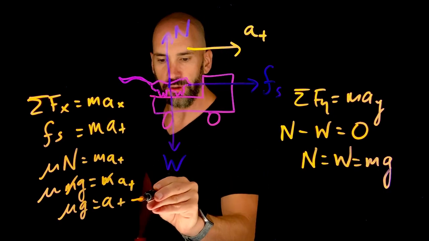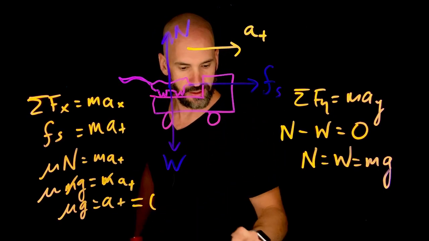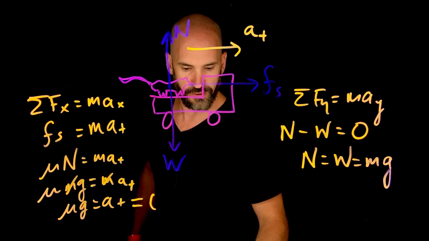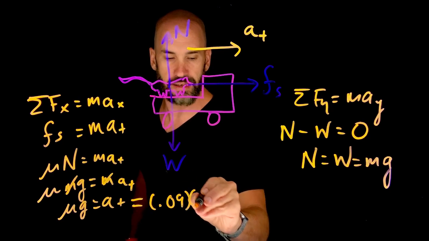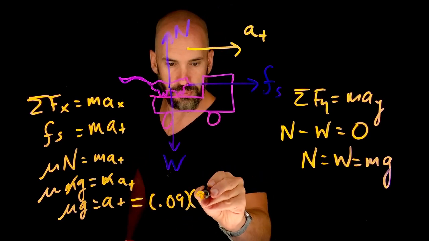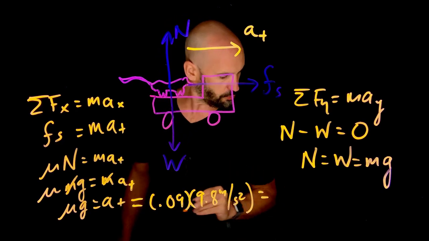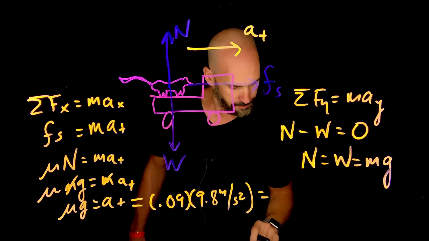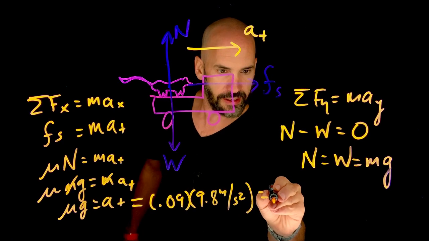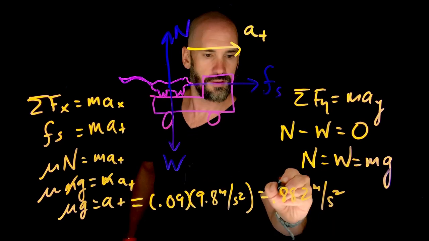In other words, this truck cannot accelerate faster than, it says that the coefficient of static friction is 0.09. It cannot accelerate faster than 0.09 times gravity, which is 9.8 meters per second squared. Which, when I multiply these guys, I get 0.882 meters per second squared.